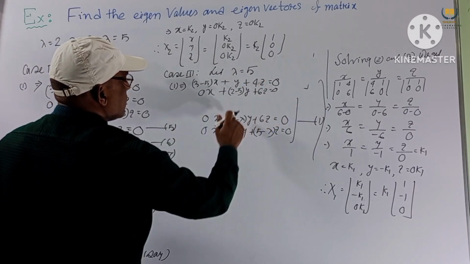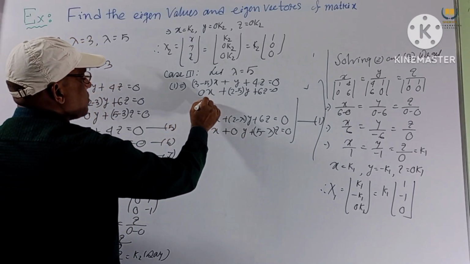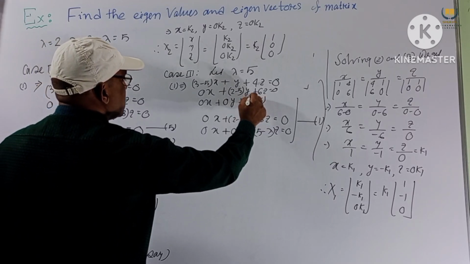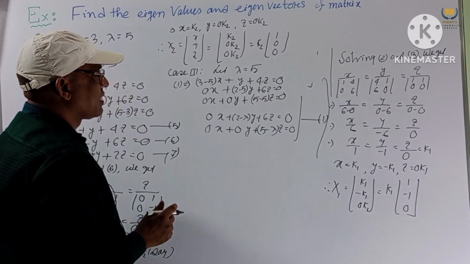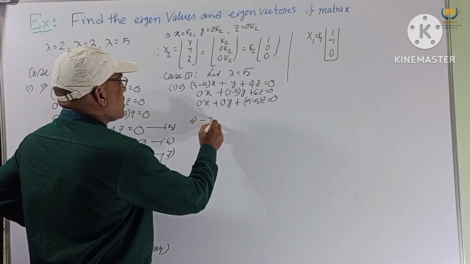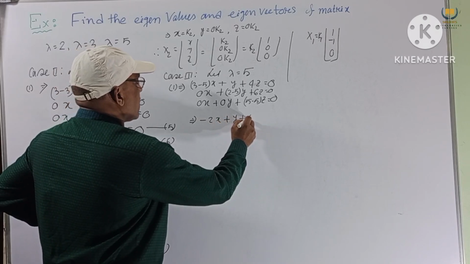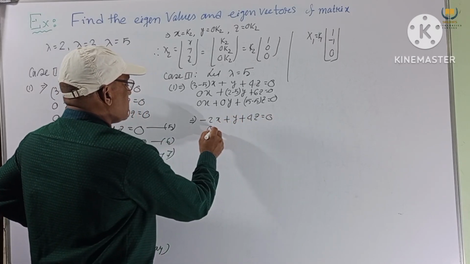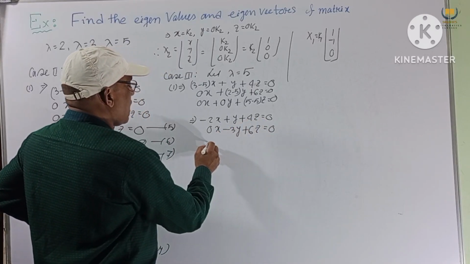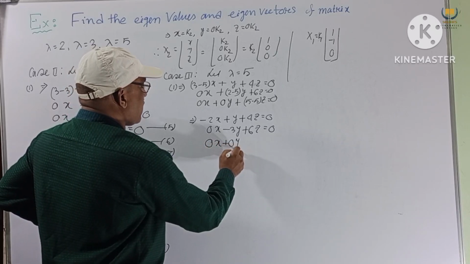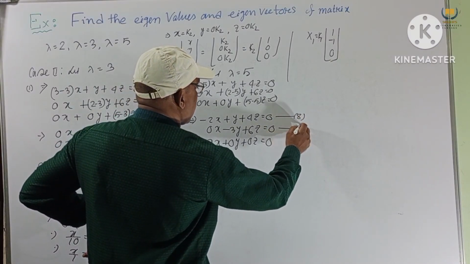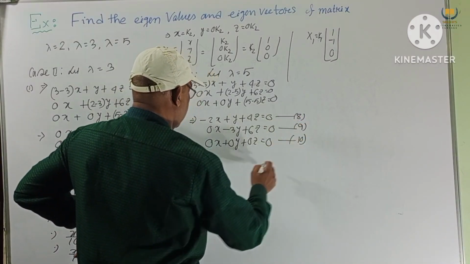Next, 0x, 0y, (5 minus 5)z equal to 0. We get minus 2x plus y plus 4z equal to 0, 0x minus 3y plus 6z equal to 0, and 0x, 0y plus 0z equal to 0. This is number 8, 9, 10.